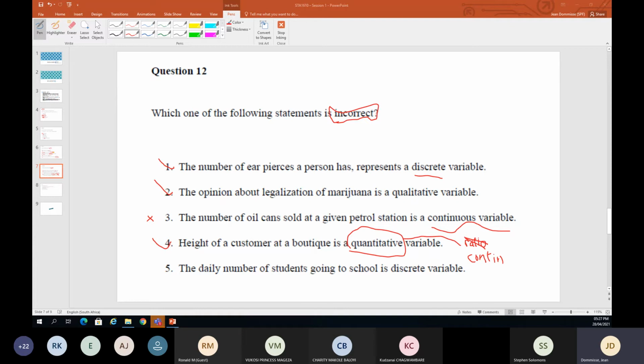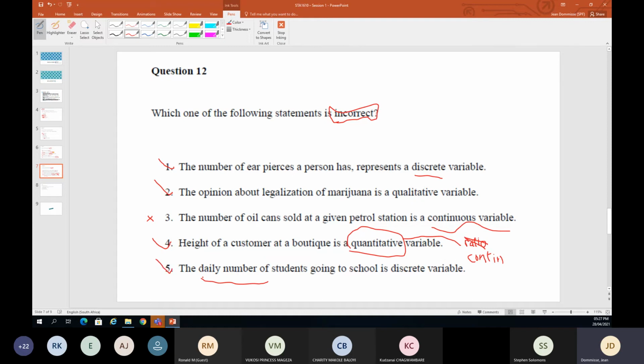I think that is also important with these types of questions, that we get right what they are asking. Like in this one, the daily number of students going to school is discrete.